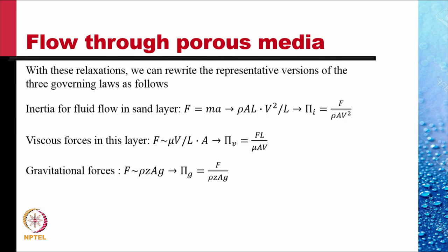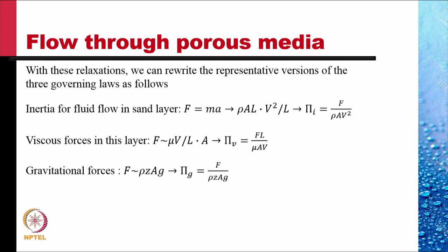With this relaxation, we can write the representative versions of the 3 governing laws as follows. Inertia of the fluid flow in the sand layer, characteristic length is L here: mass times acceleration, mass is rho A L, L being the characteristic length, and the acceleration is V squared by L. So this gives you the pi number for inertial forces, F divided by rho A V squared.